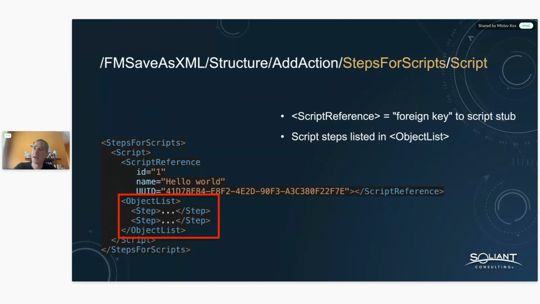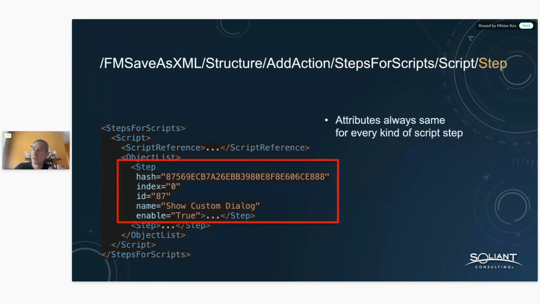If we look at one of those script steps in more detail, it has some attributes in it. One of them is a hash. And a hash is intended to be useful for comparing different versions of the XML over time, so that you can quickly tell, did something in that element change?